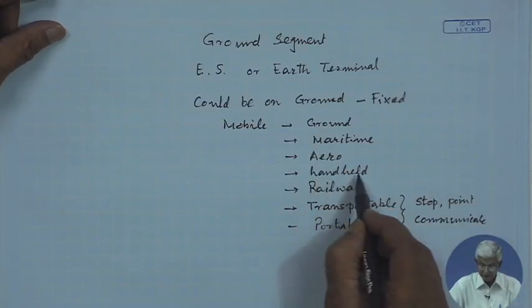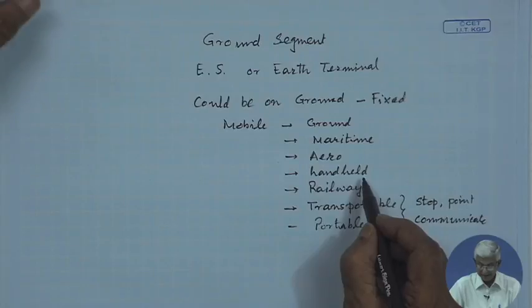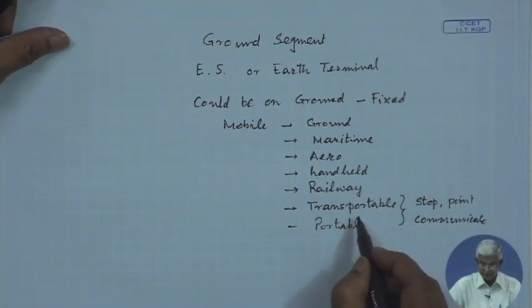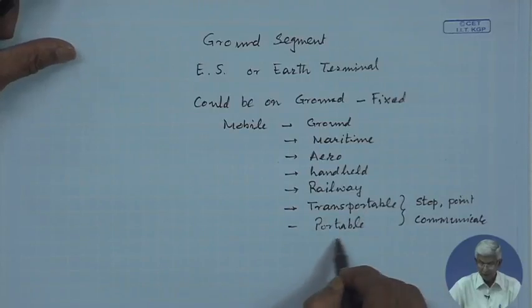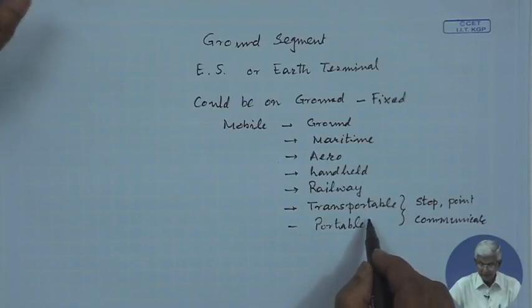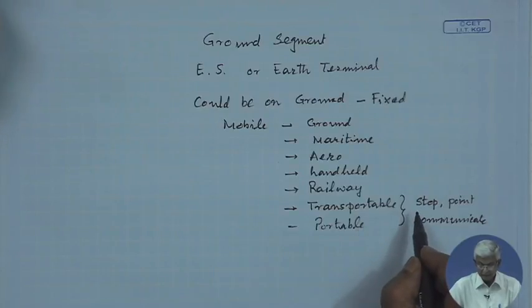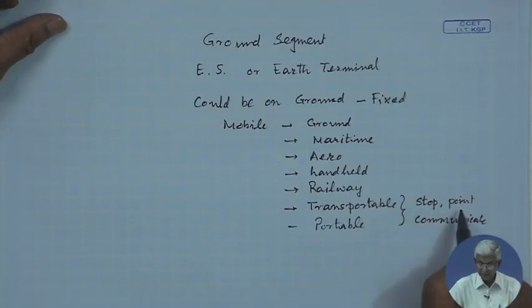Walking you can talk, that is handheld. And there are two other types of pseudo mobile things available, called transportable or portable. That means you carry the terminal to a place where the event is occurring or where you want to communicate, and then point your antenna to the satellite and communicate.